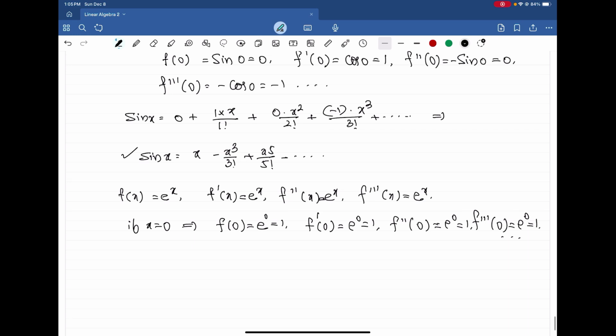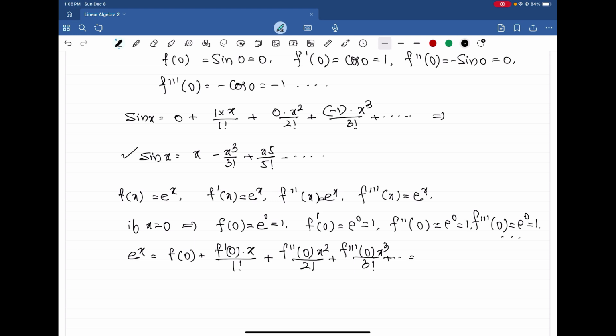And so on. Then e to the power of x in polynomial form will be function 0 plus function dash 0 into x by 1 factorial plus function double dash 0 into x square by 2 factorial plus function triple dash 0 into x cube by factorial 3 and so on.